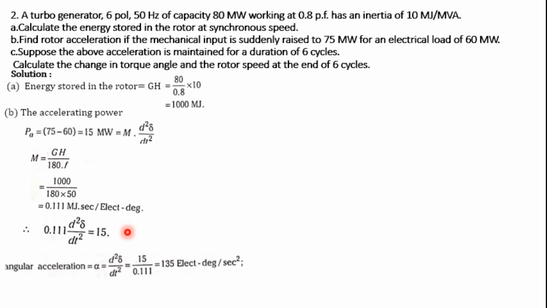We know that the angular acceleration, alpha, which is d square delta divided by dt square, is equal to 15 divided by 0.111, so we will get 135 electrical degrees per second square. Then we know that d square delta divided by dt square is equal to alpha.